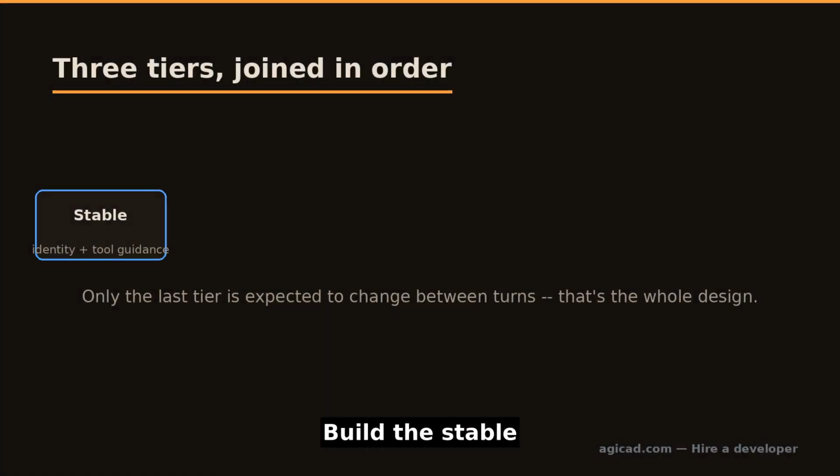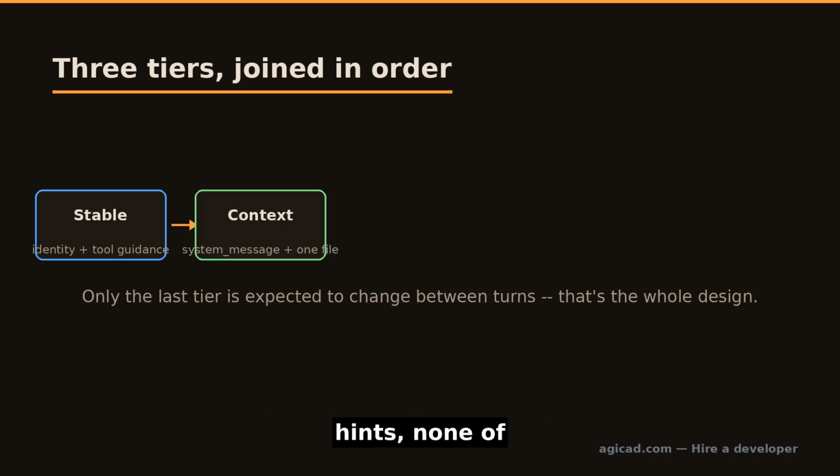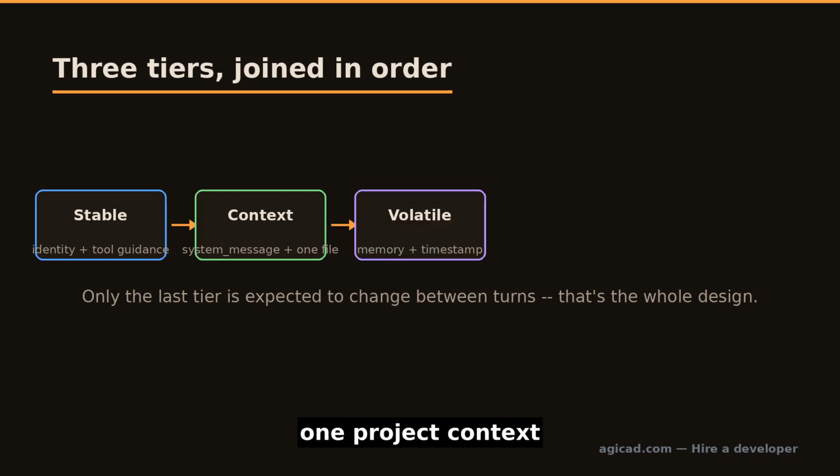Build the stable tier: identity, tool guidance, skills prompt, environment, and platform hints, none of which should change mid-session. Build the context tier: whatever system message the caller passed in, plus at most one project context file discovered on disk. Build the volatile tier: the memory snapshot, the user profile, and a timestamp line, all of which are expected to shift.